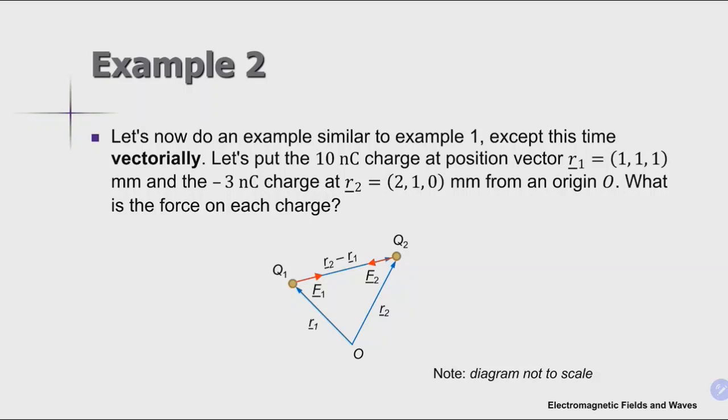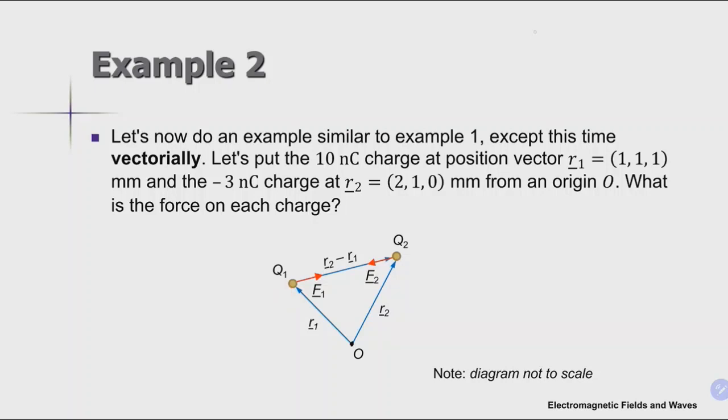So let's put the charge 10 nanocoulombs at a position vector R1. So we define our origin here. And then we have Q1, which will be in three-dimensional space at position vector 1, 1, 1.